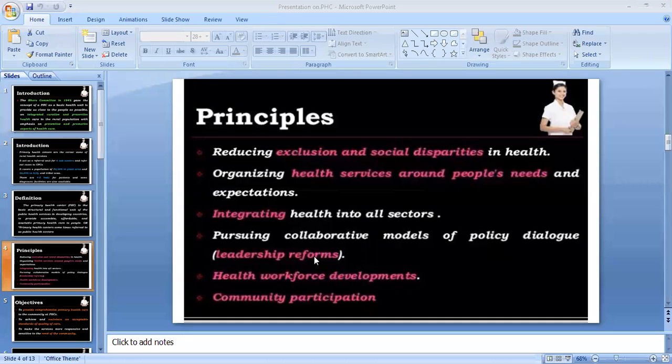Leadership reform, that means yes. So health workforce development, community participation. Community participation means for any type of cases, any kind of collaboration, the primary health center has to work with them as a team. Health workforce development means, just imagine in a village there is a sub center or a primary health center. Sometimes the ward boy, the mali, the workers are from that village only.